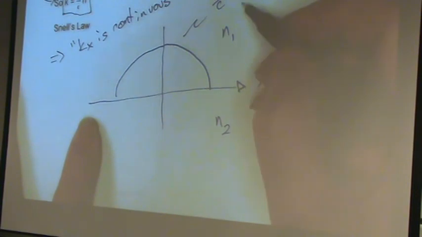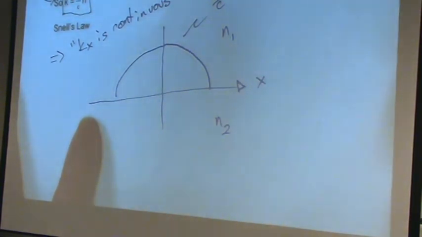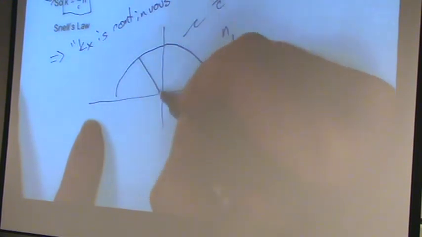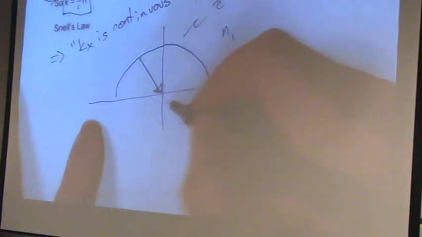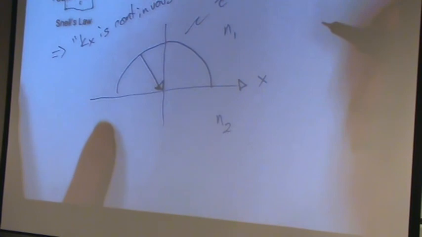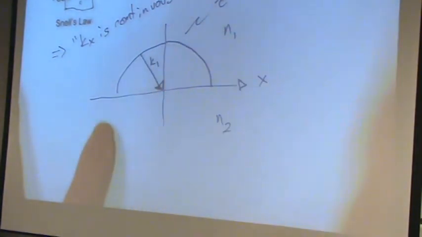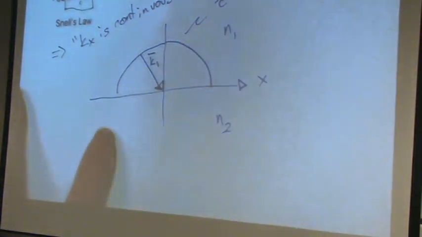What's n? I'm in index 1 here, so k can be that big. I can launch a wave in the direction of this k vector. Call it k sub 1 because I'm in medium 1. I'll put a bar over it to indicate vector.